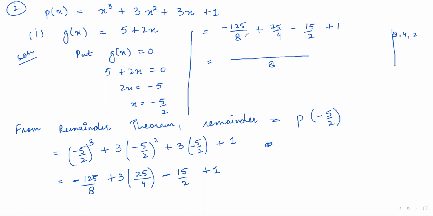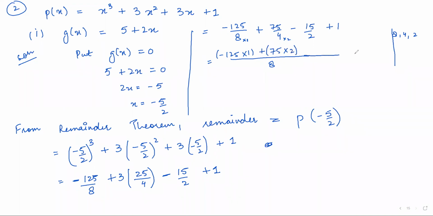So again, Jaslyn, now see here. So this is actually 8 into 1 is 8, right? So numerator will be multiplied only by 1. So it will be minus 125. Okay, let's do it. Plus. Now 4 into 2 is 8. So this 75 will be multiplied by 2.